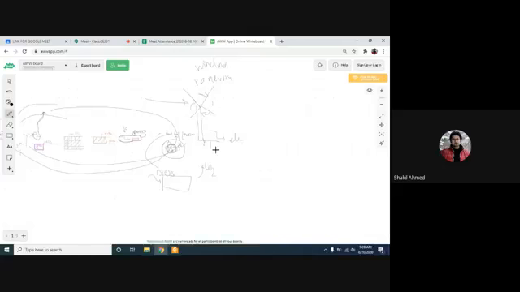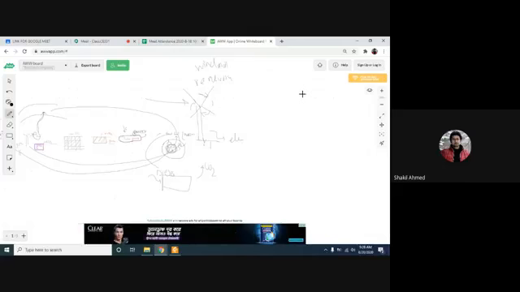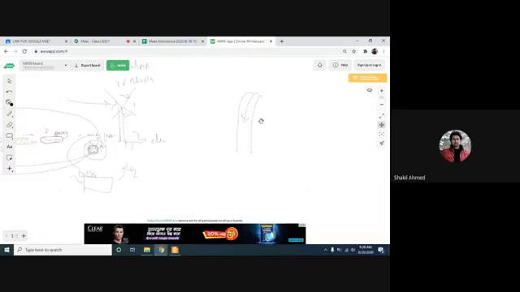Then hydropower. If you have falls, you know falls, right? Water is falling from here. Then you can install a turbine, and this water force will rotate the turbine and generate electricity.